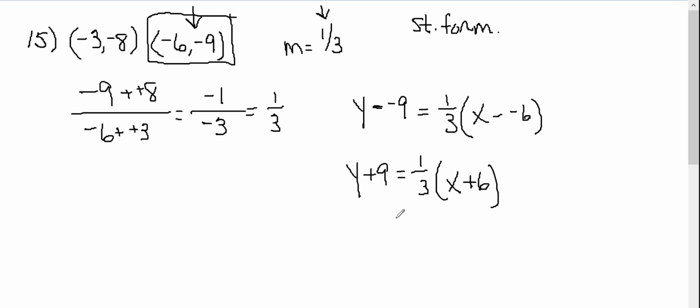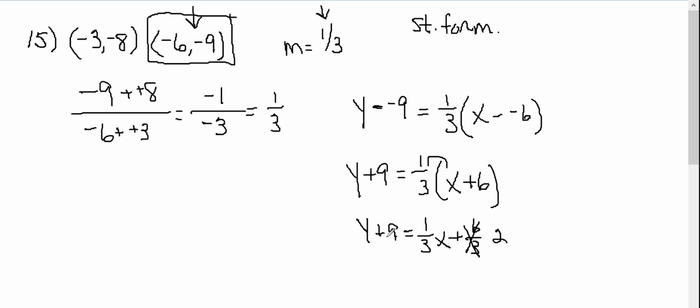All right, so let's clean this up. So I've got y plus 9 equals 1/3 times x is 1 over 3 x plus 1/3 times 6 is 6 over 3, which simplifies to be 2. So I'll just make that a 2.